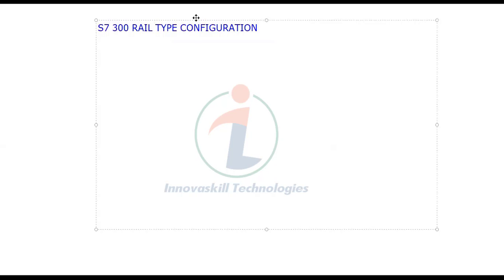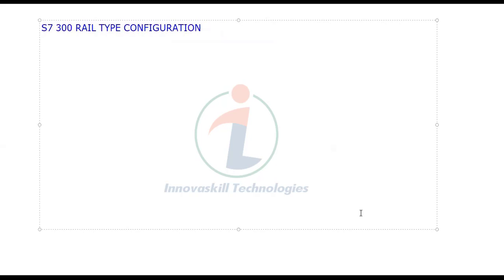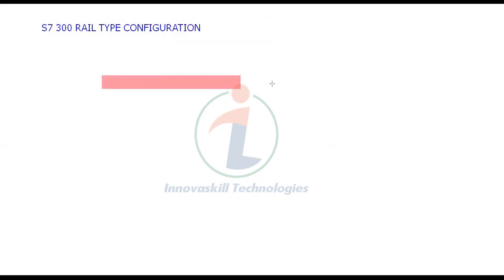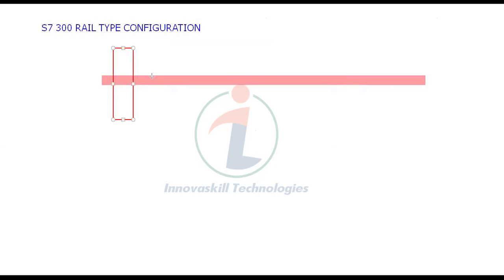In this S7300 rail type configuration, first there will be a rail, and in that rail they will be fixing each and everything. First will be power supply, second will be CPU. This is the power supply, and next this is the CPU.